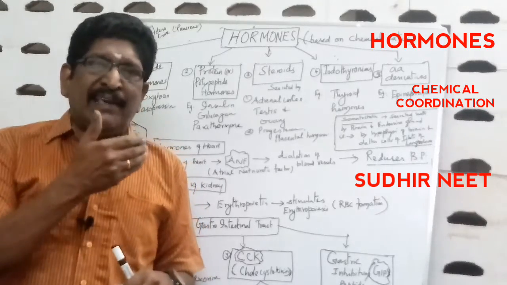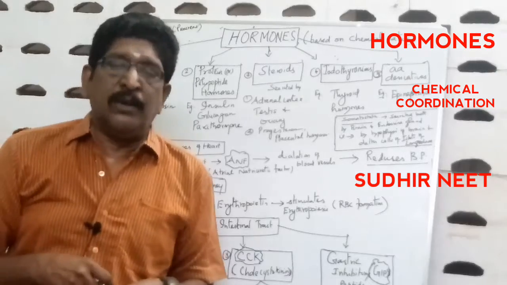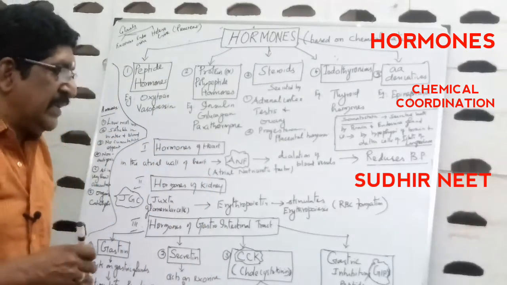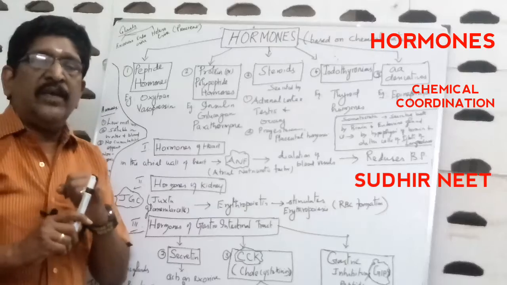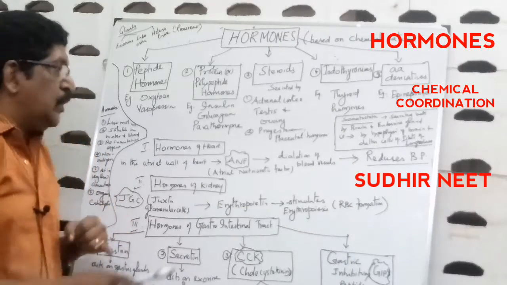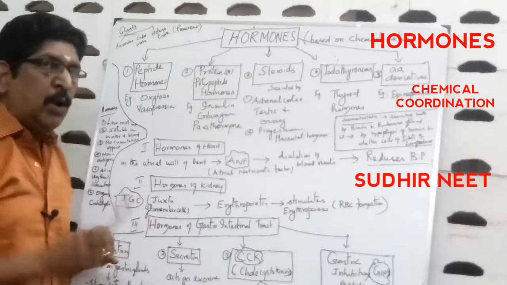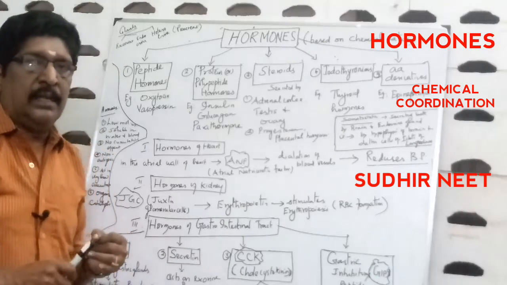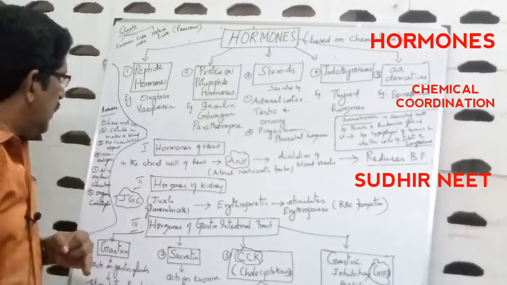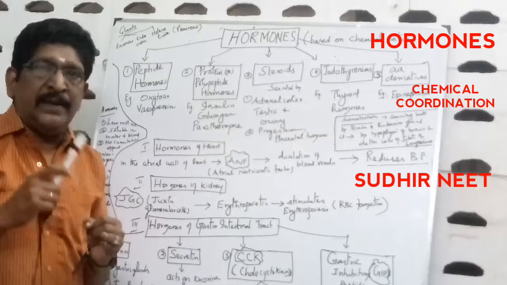Now let us take up the characteristic features of the hormones. What are the characteristic features of the hormones? Number one, they have very low molecular weight. Number two, they are soluble in water and blood.